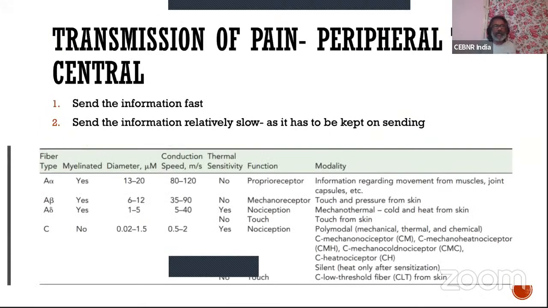That's why we have what we call A delta fibers. What they do is they conduct very, very fast. You can see the conduction speed is 80 to 120. So this information goes super fast to your brain, and it says, "Oh, stop doing this."